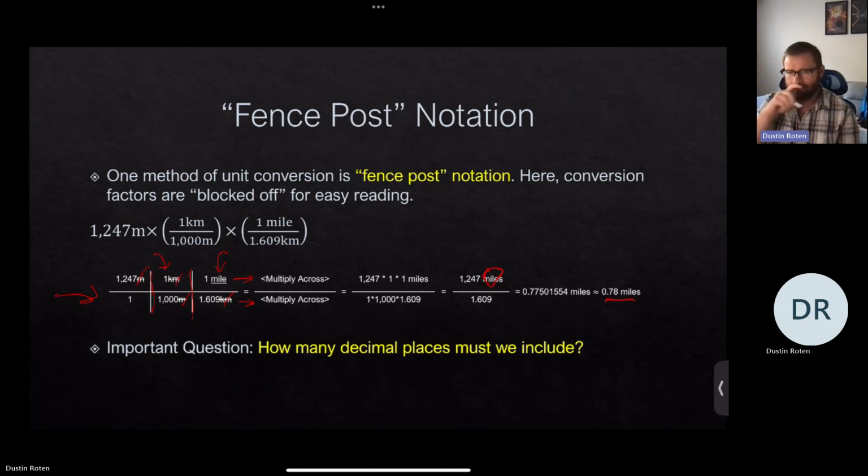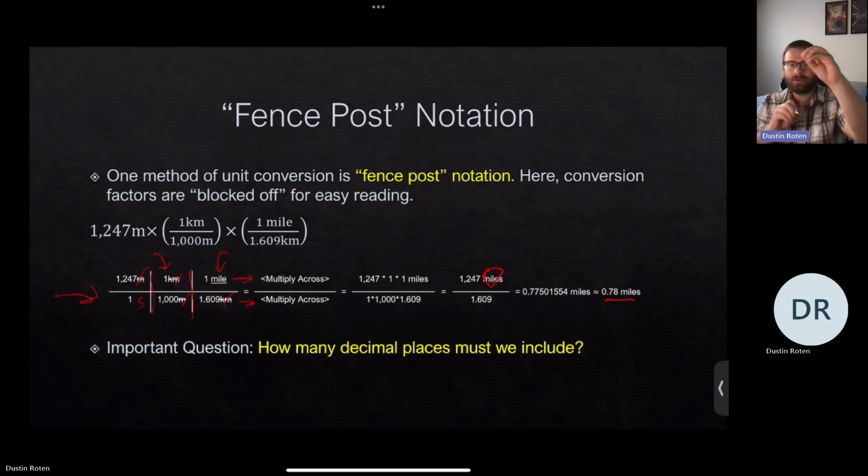I think I do have one problem in the problem set where essentially you need to do a ratio. So if you had a rate, so maybe a speed, maybe 1,247 meters per 1 second, you could even do the same thing and mix in seconds and minutes or seconds and hours, whatever you needed.